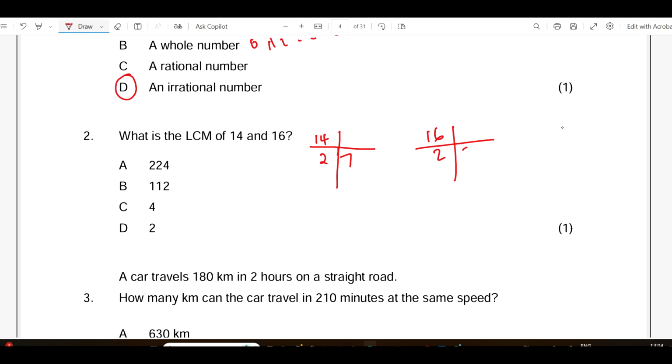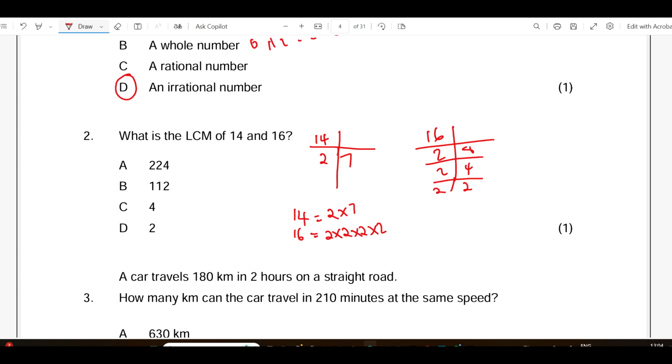For 16: 2, 8, and then 2 again with 4, and then 2 again with 2. So for 14, it's going to be 2 times 7. And for 16, it's going to be 2 times 2 times 2 times 2.